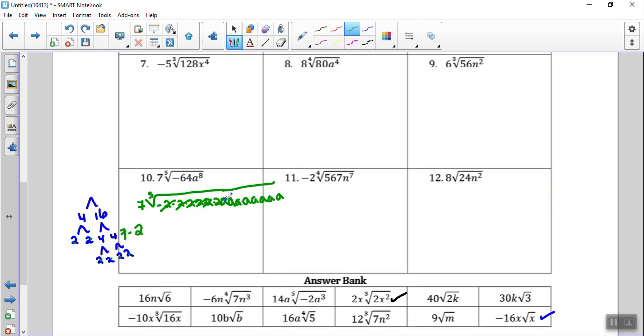And then for every 5, 1, 2, 3, 4, 5, one of them comes out. And there's nothing else I can take out. So now I'm going to put the fifth root of, and stick whatever else I have underneath there. There's a 2 here, and then there are 3 a's, so a cubed. So 7 times 2 is 14. A fifth root of 2a cubed.